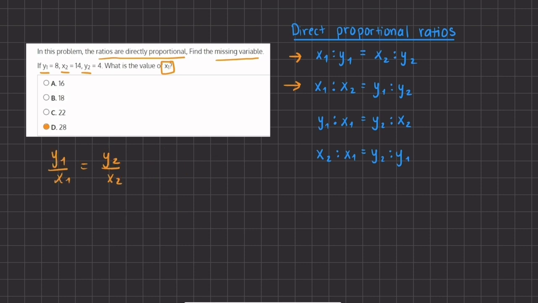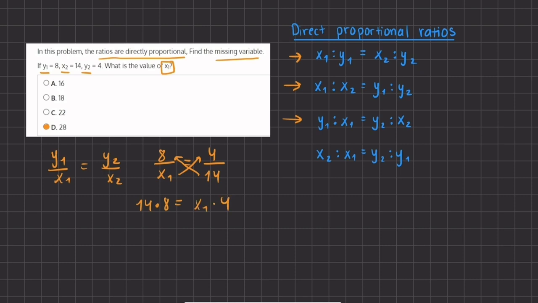Using our third formula, we have y1 divided by x1 equals y2 divided by x2. So when we plug in our values, y1 is 8, divided by x1, which is our missing variable, equal to y2, which is 4, divided by x2, which is 14. So again, we are going to cross multiply, and that means that we have 14 times 8 equal to x1 times 4.